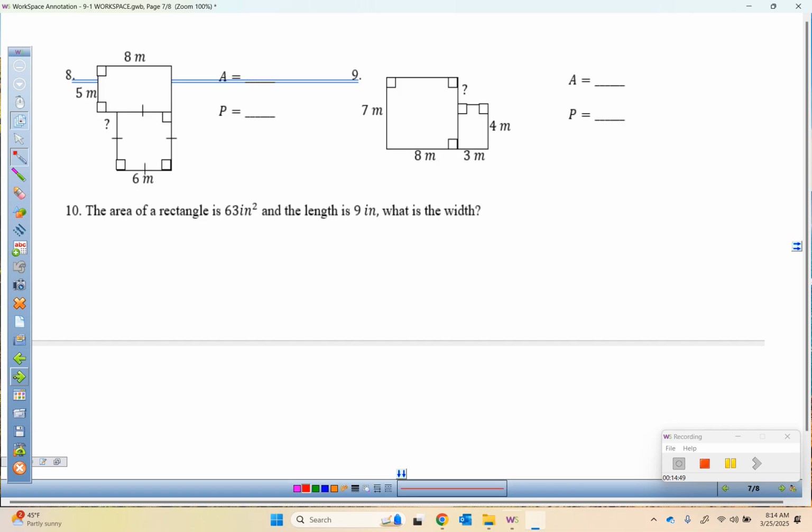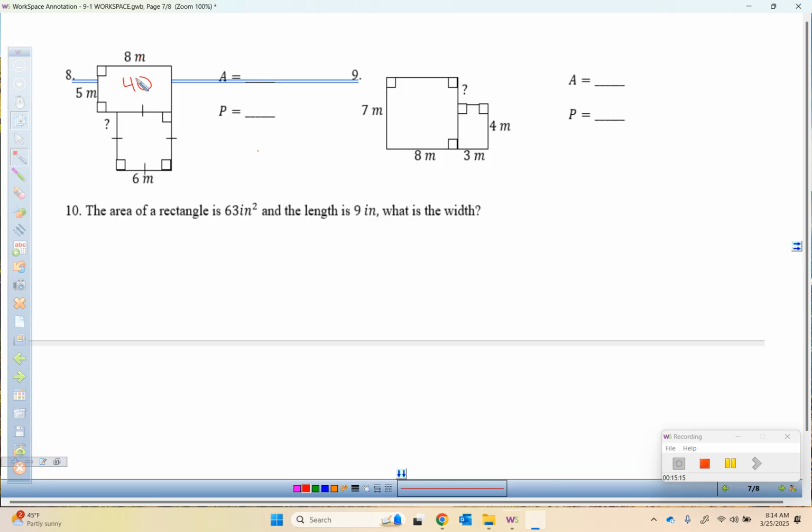Okay, once again, we're solving for area and perimeter. So now I have 2 shapes, and for the area, I can find the area of this one and the area of this one and add them together to find the total area. This one, base times height, what's the area of this one right here? 5 times 8, 40.